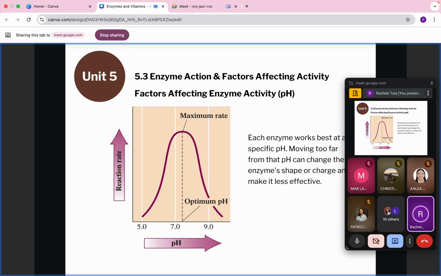So it can't bind its substrate or catalyze the reaction well. In other words, if there is a big change in the pH, the enzyme structure will be disturbed and there is low activity or no activity at all. So that's how the pH affects enzyme activity.